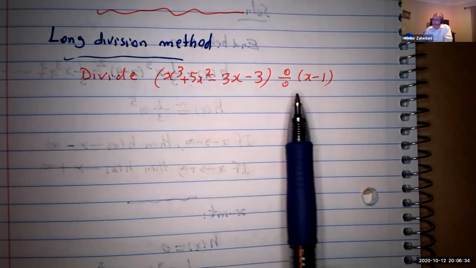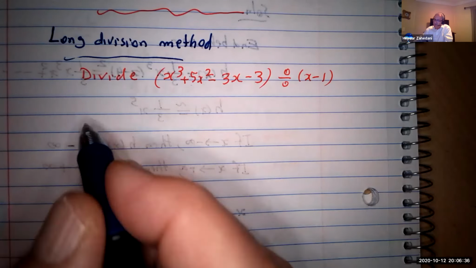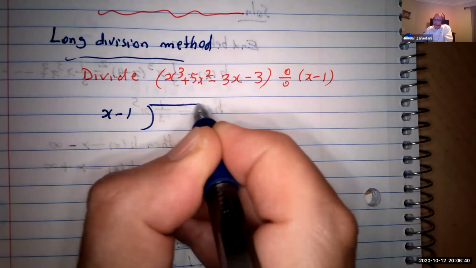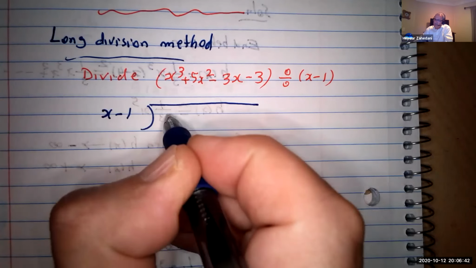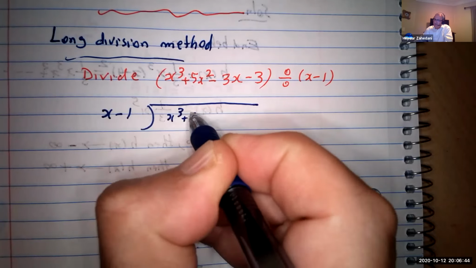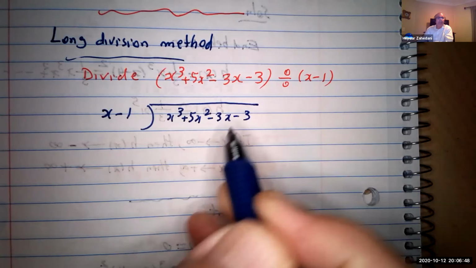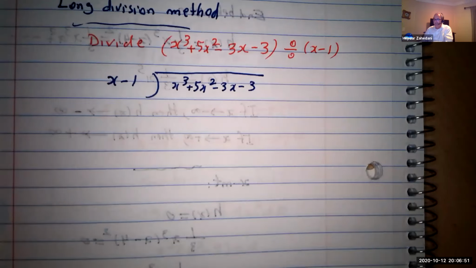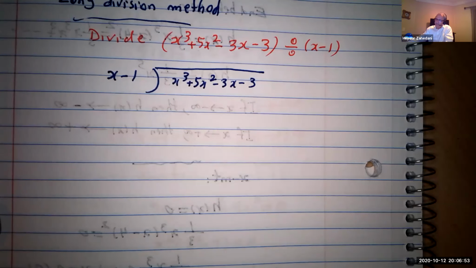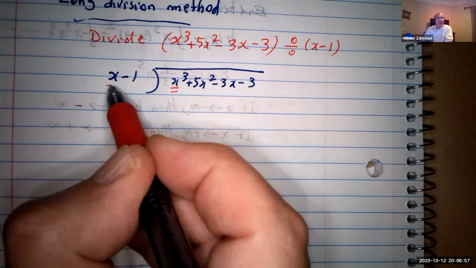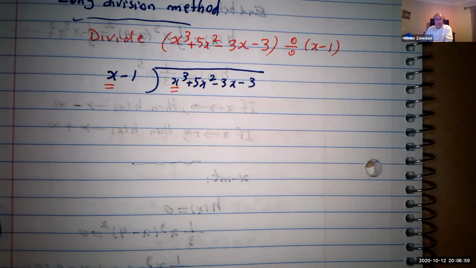So the long division, we want to know how many x minus 1 are going to be inside x cubed plus 5x squared minus 3x minus 3. Now, the long division method is we get the first term and we divide it by the first term here. It's like when it's a division, the first digit, if you like.